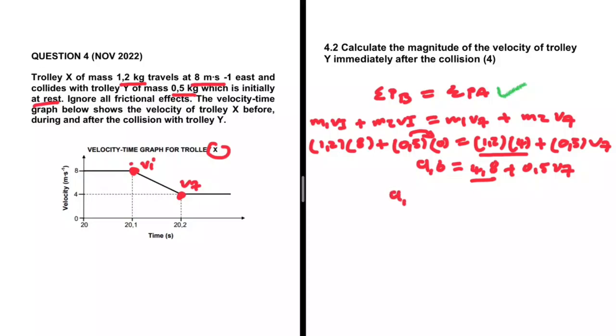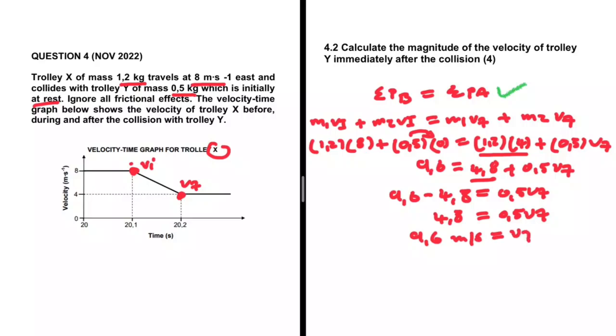We're going to have 9.6 minus 4.8 being equal to 0.5 VF. So 9.6 minus 4.8 is 4.8, which is equal to 0.5 VF. We can divide both sides by 0.5. We're going to have 9.6 meters per second being equal to VF. So there we go. This is the final velocity of trolley Y immediately after the collision.